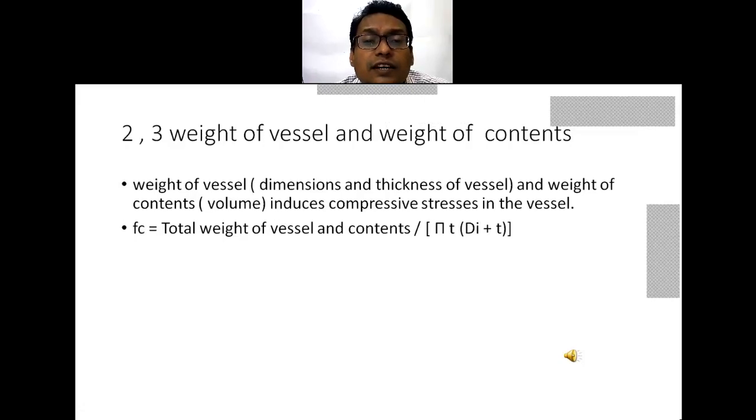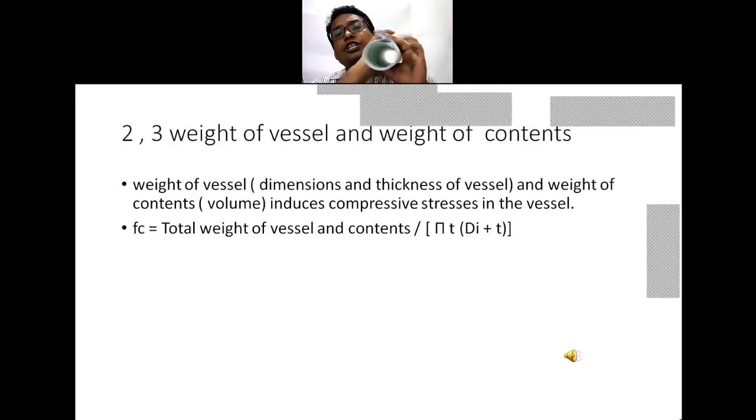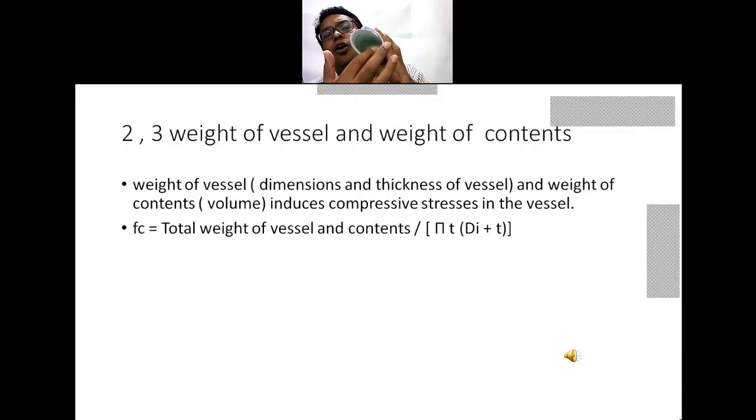So stress is equal to weight per unit area. Weight is in kgs, per unit area in square centimeters. Now on which area will these stresses be acting? When you consider this vessel, what will be the area to be considered?